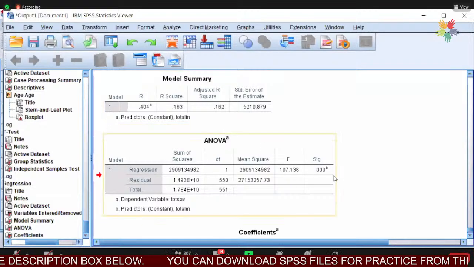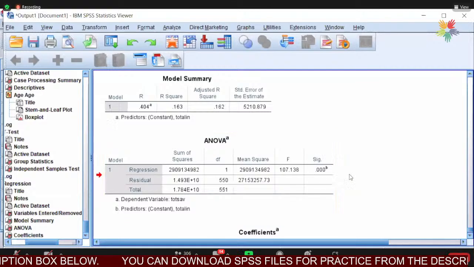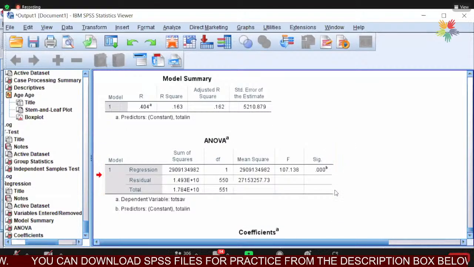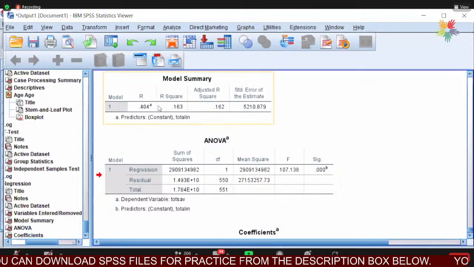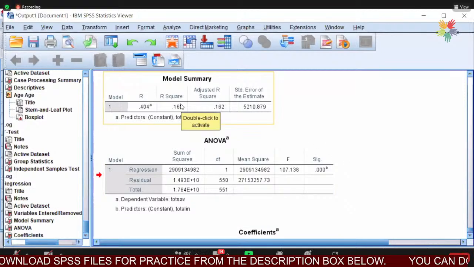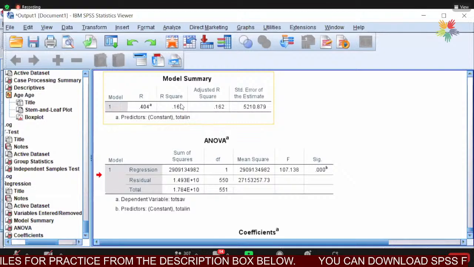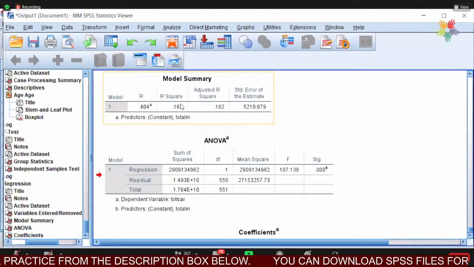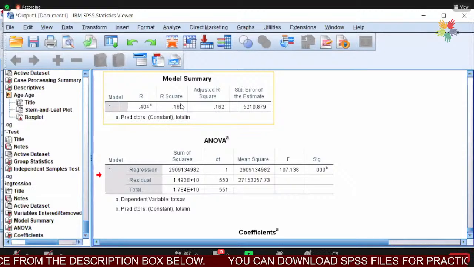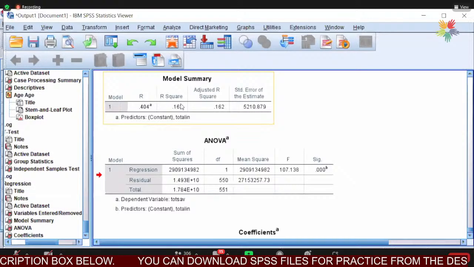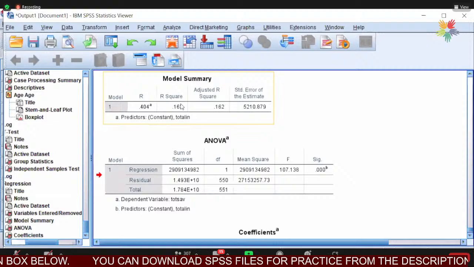Look at the F value, look at the F significance. If F is significant, we are significantly predicting the changes in Y. Our idea is we want to predict the savings, which change because of many variables.